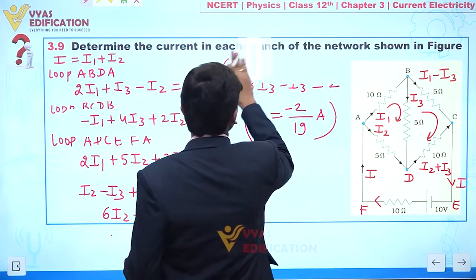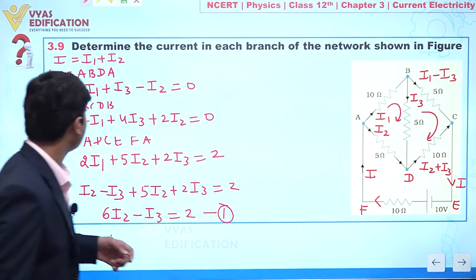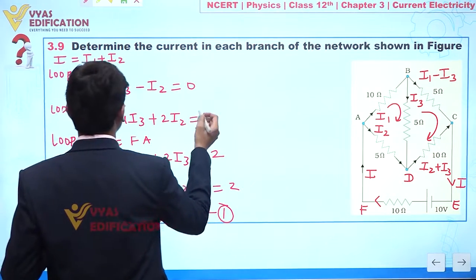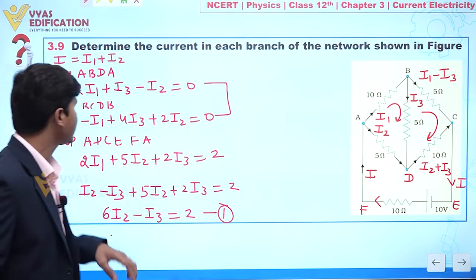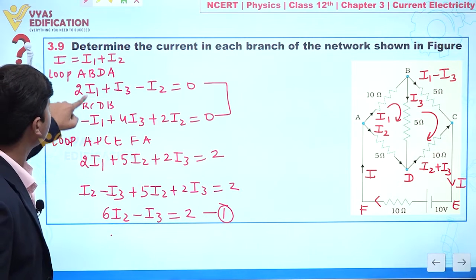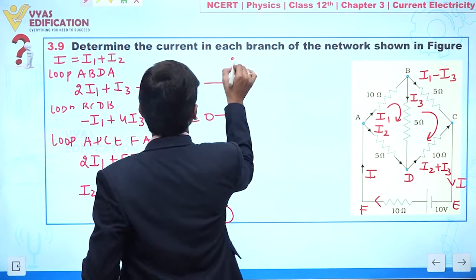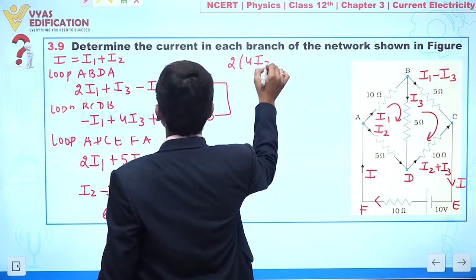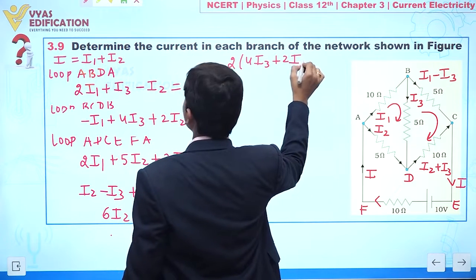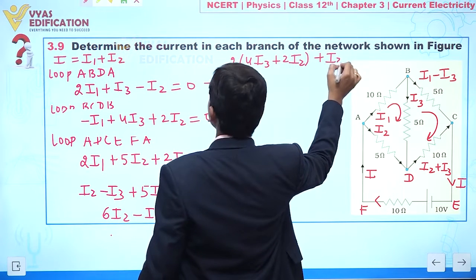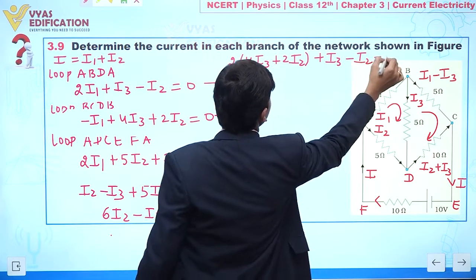Actually, do one thing again. Just solve these equations also. We talk about these two equations, yes or no? So put the I1 value in this equation. I can say 2 times 4I3 plus 2I2, plus I3 minus I2 should be equal to 0.